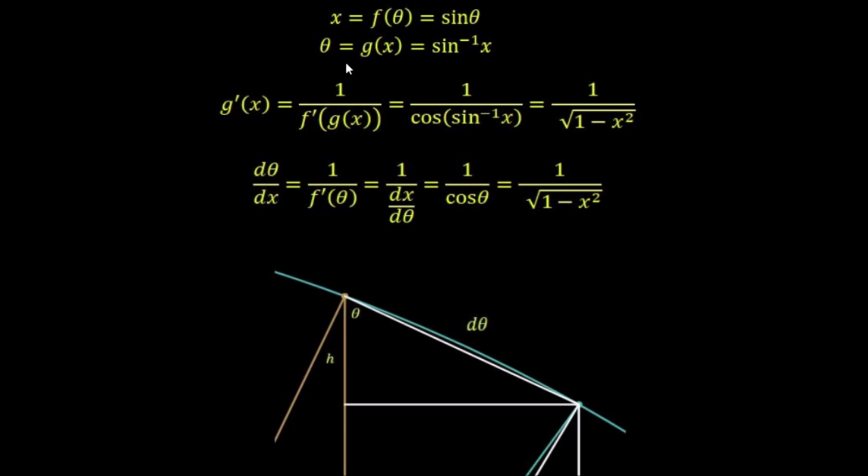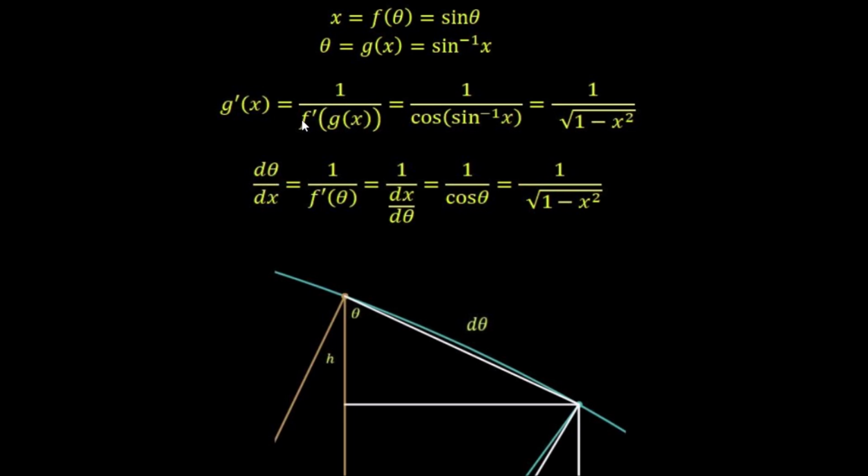And we can see that from above. We have g of x is equal to the arcsine x. That is, we go from length to angle. So if we have a small change in length, we'll generate a small change in angle. And that's what this says, d theta by dx. That is, a small change in length will give us a small change in angle.